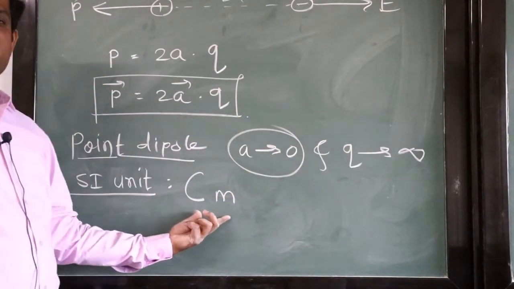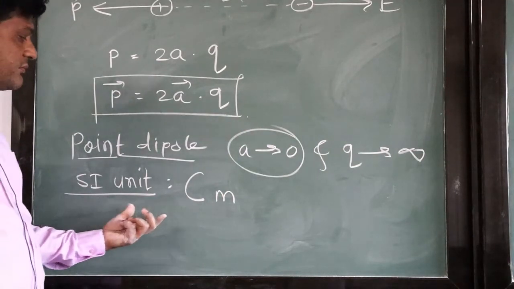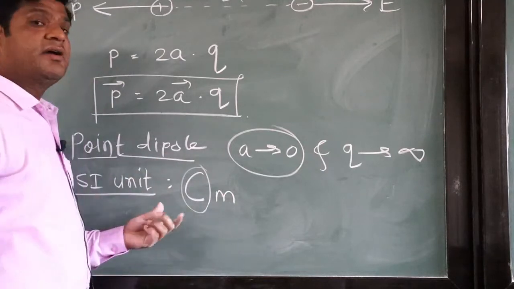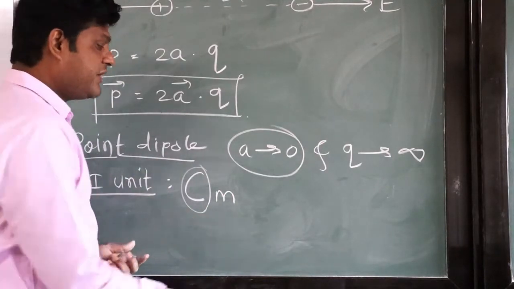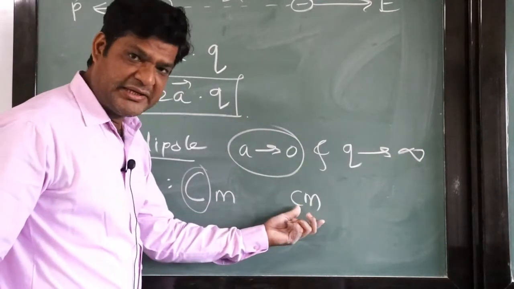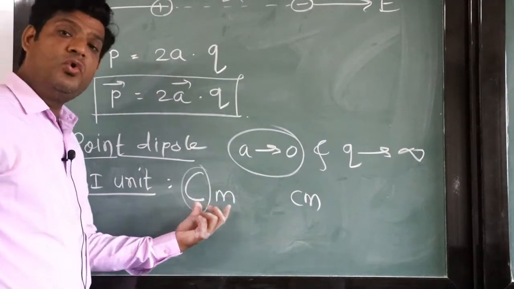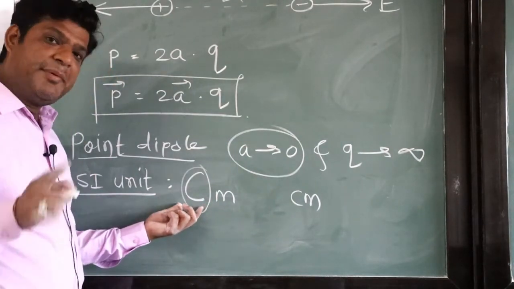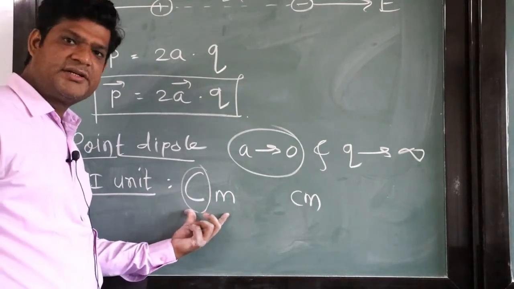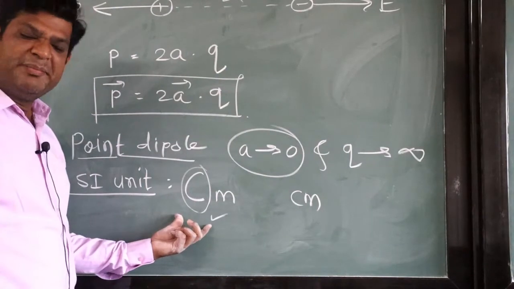So coulomb meter is the SI unit of dipole P. Keep in mind this C will be a capital one. If we write cm, it becomes centimeter. If you write capital C, it is read as coulomb meter. So don't write it the other way. This is the correct form, coulomb meter.